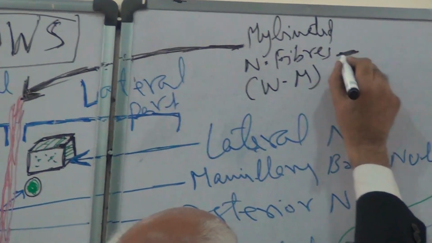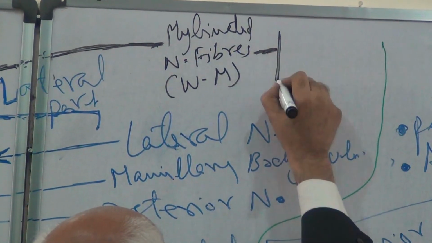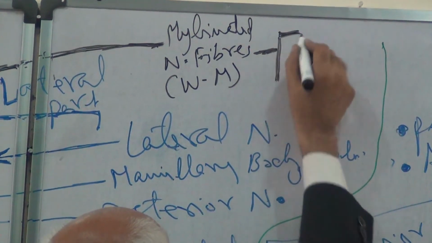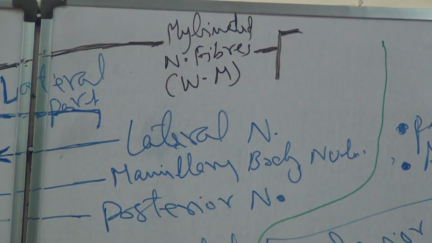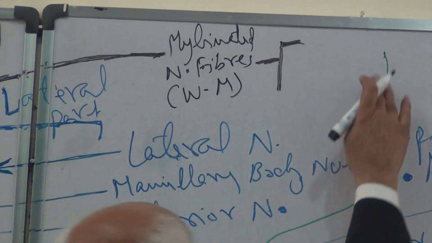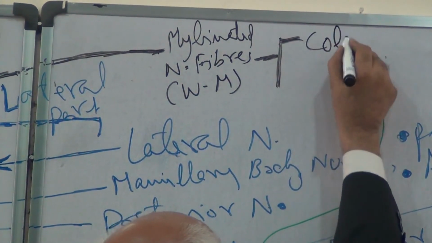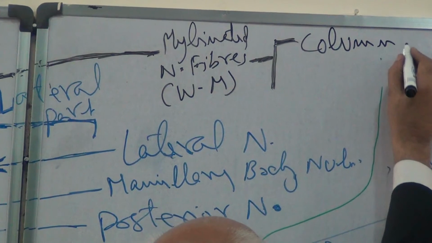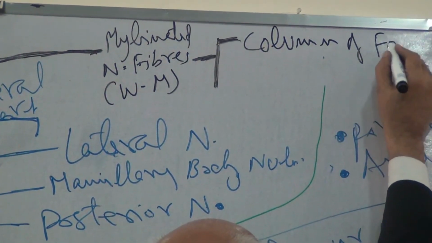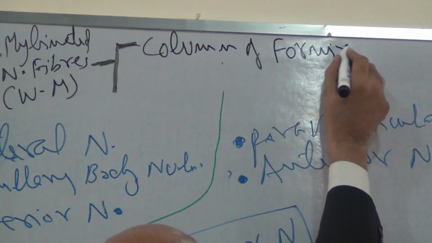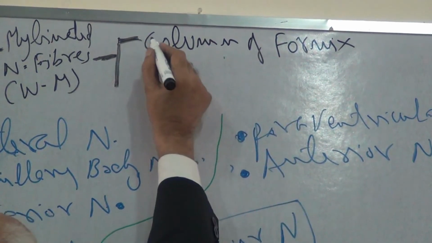And what are these fibers? These nerve fibers are the column of fornix.